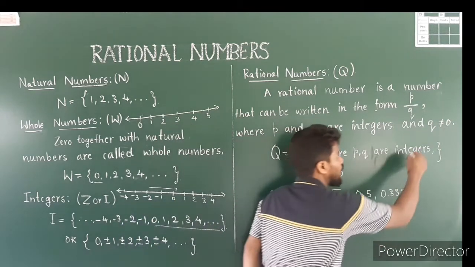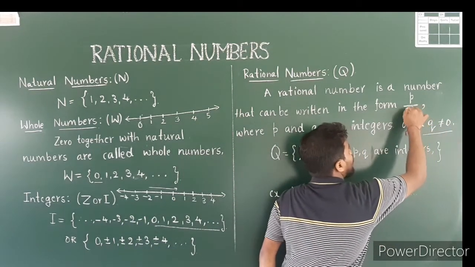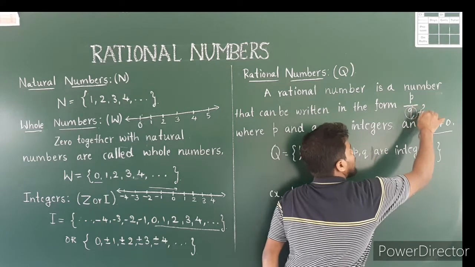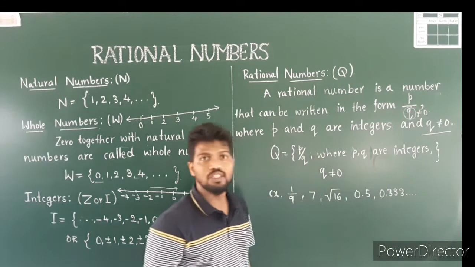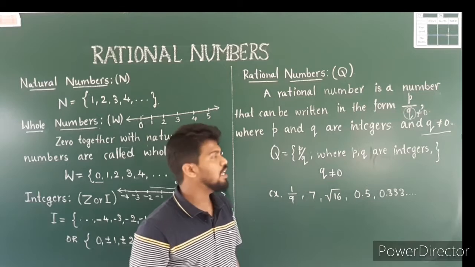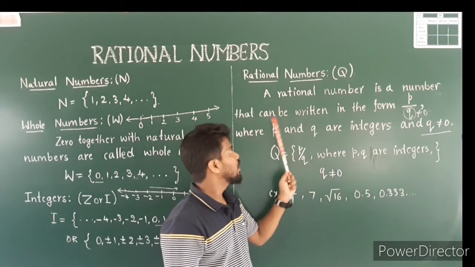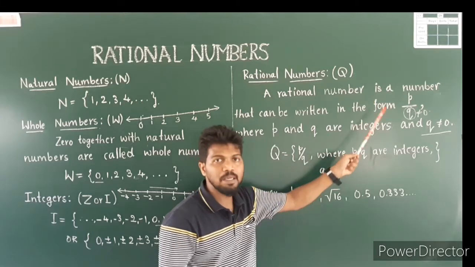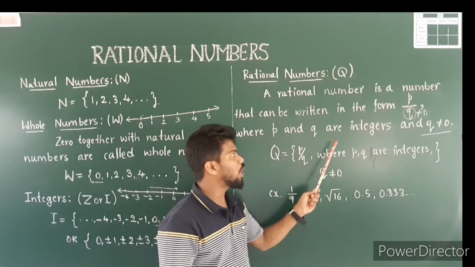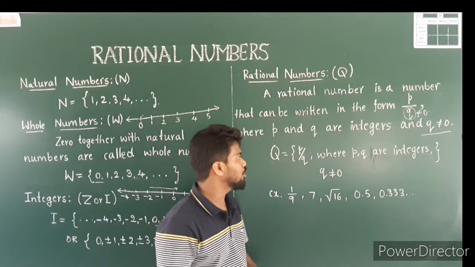This is very important: the denominator cannot be 0. So a rational number is a number that can be written in the form p by q, where p and q are integers and q is not equal to 0.